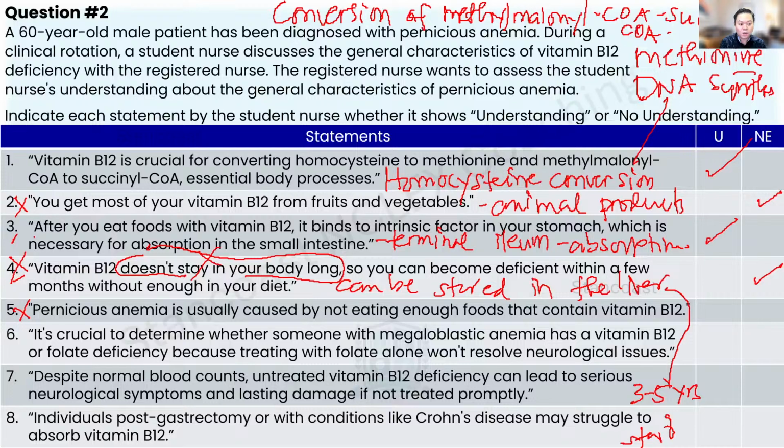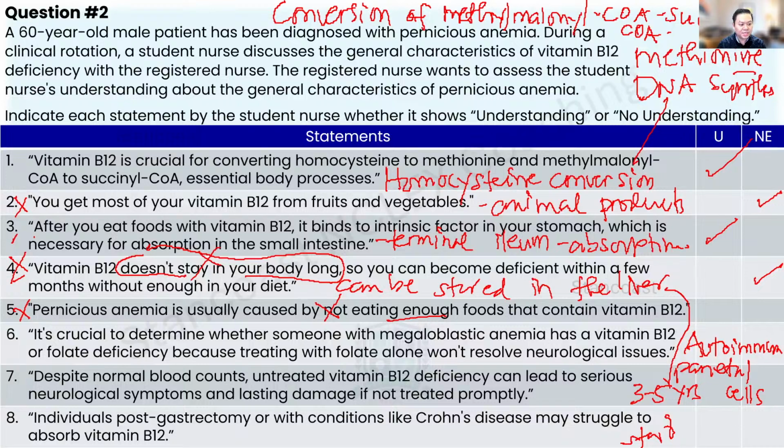It's not caused by not eating enough foods. No, it is an autoimmune disorder that can attack the parietal cells. Parietal cells are being attacked. That is why it's not going to be able to produce the intrinsic factor.